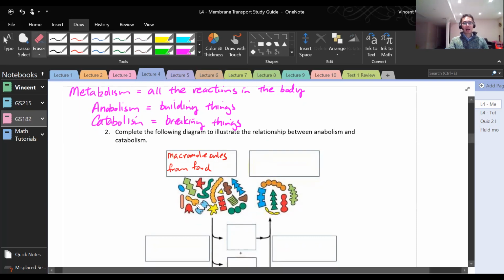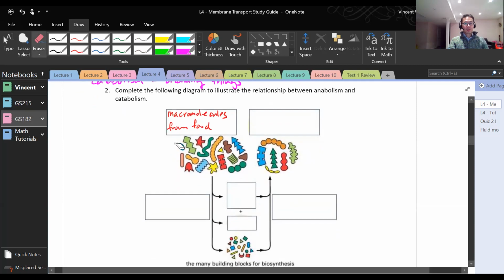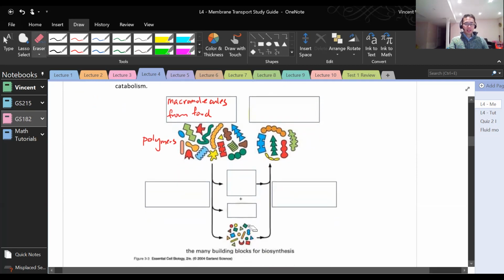All these things are macromolecules. We break them down in our digestive system, and ultimately they are picked up by our cells. So we take these macromolecules, these polymers, and break them down into building blocks for biosynthesis.